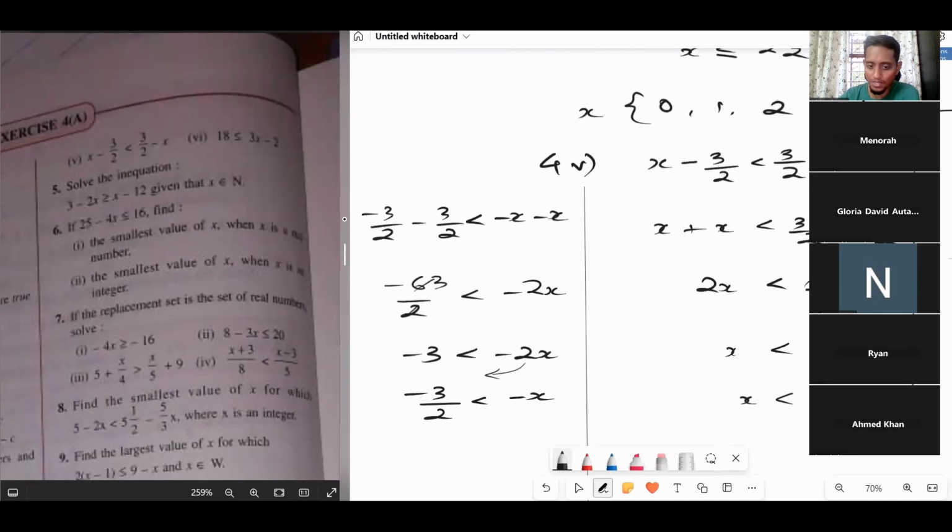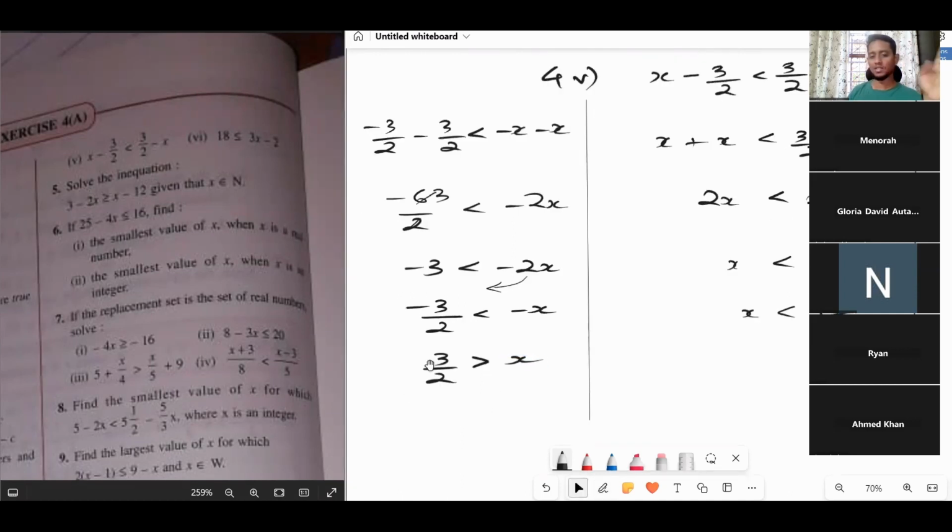So now if we take the minus on that side, this minus 3 upon 2 will become plus 3 upon 2. And this less than will become greater than x. You understand? And then we'll interchange both the sides. We'll take x on the left, 3 by 2 on the right. And when we do that interchanging, again this will change. So it will be x is less than 3 by 2. And then you're left with the same thing that you got.